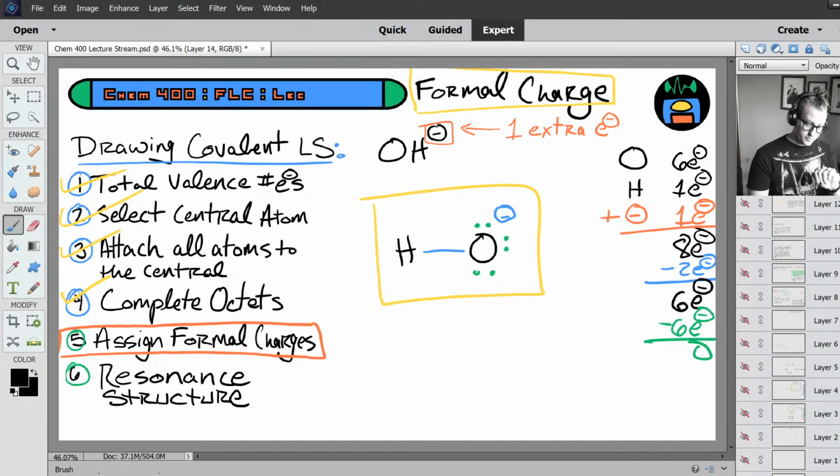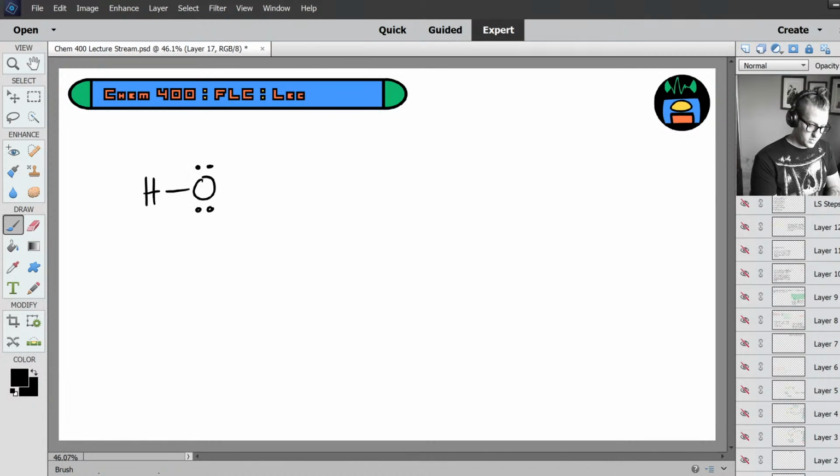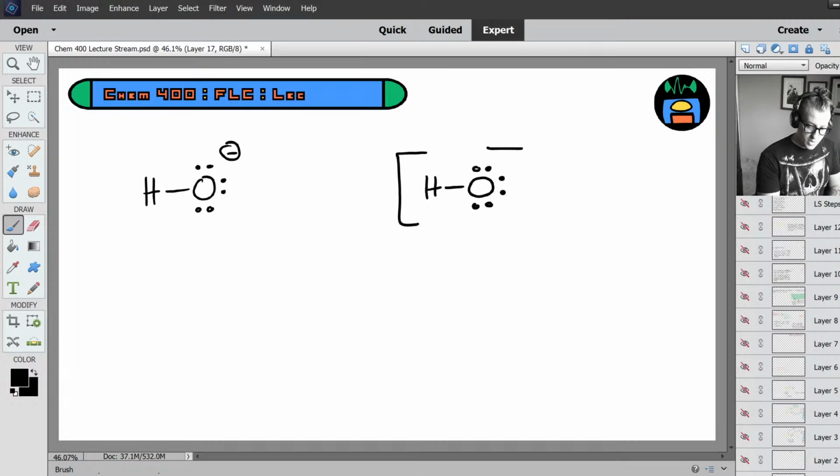Now, something that I want to note, in the past, you may have dealt with, so this is the Lewis structure for hydroxide. You may have been taught in the past that when you have a formal charge, what you do is you draw the Lewis structure, and then once you're finished, you put a bracket around it with the charge outside of the bracket.